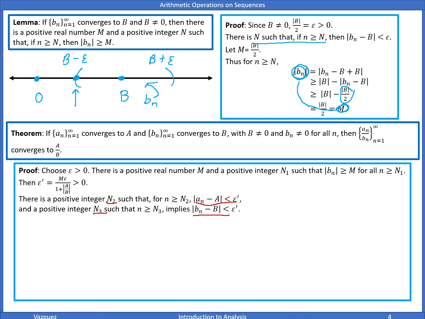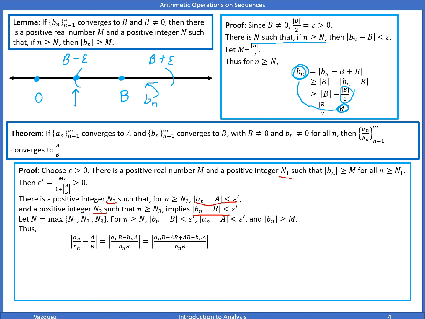Notice how we have n1, n2 and n3. n1 is such that bn is bounded, it's greater than or equal to m. n2 and n3 are just showing that sequences an and bn converge to a and b respectively. But now, not yet actually, we need to set n equal to the maximum. And again, the maximum will suffice for all the other ones. So we're using the same reasoning over and over again for these proofs.